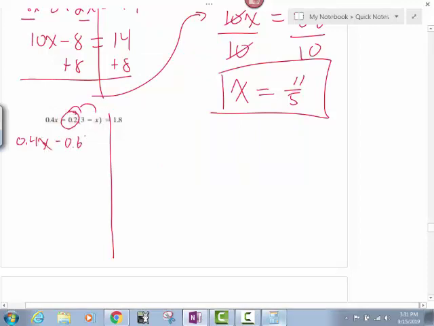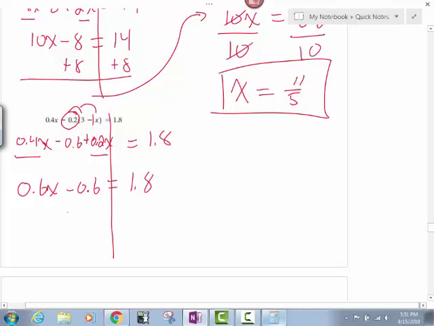Remember, I can think about this here as a -1. So a negative 0.2 times a -1 would give me a positive 0.2 with an x equals 1.8. Now I need to combine my x's together. 0.4 plus 0.2, 0.6x minus 0.6 equals 1.8.